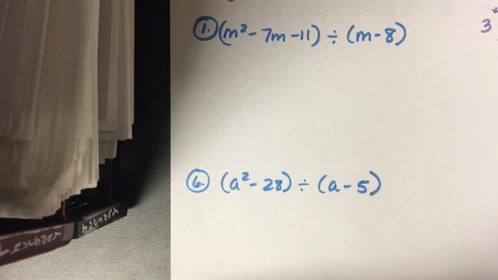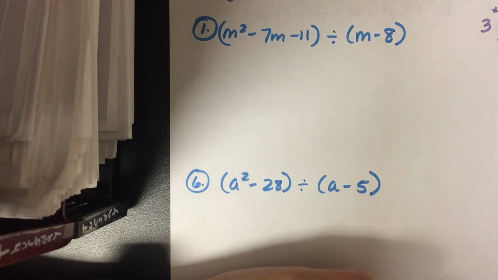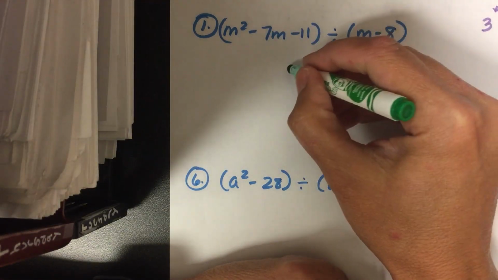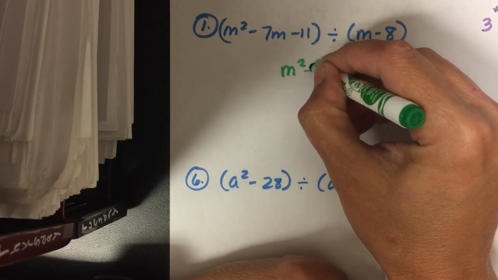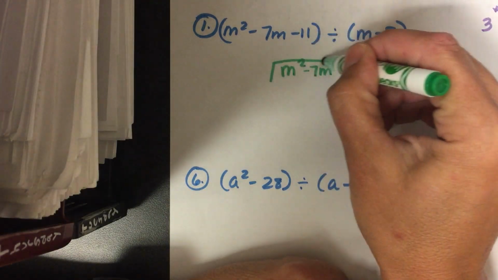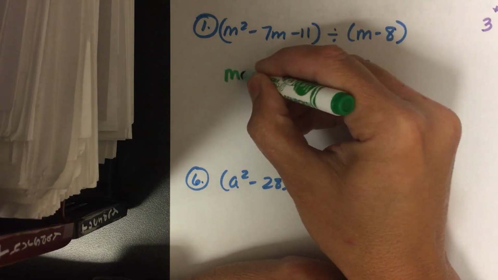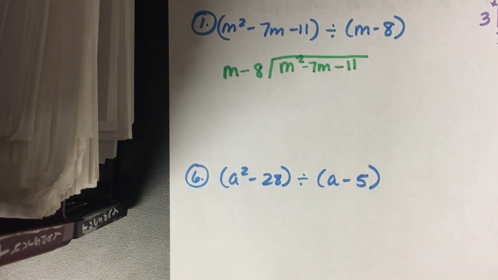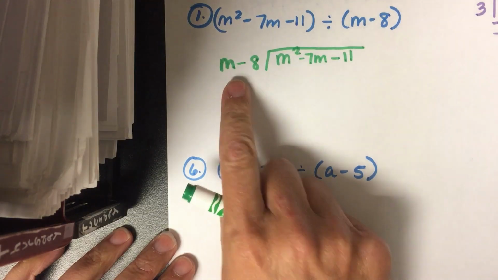All right, so we've got m squared minus 7m minus 11 divided by m minus 8. I'm going to write it just like I would any long division problem. So I've got m squared minus 7m minus 11, and then I've got m minus 8.